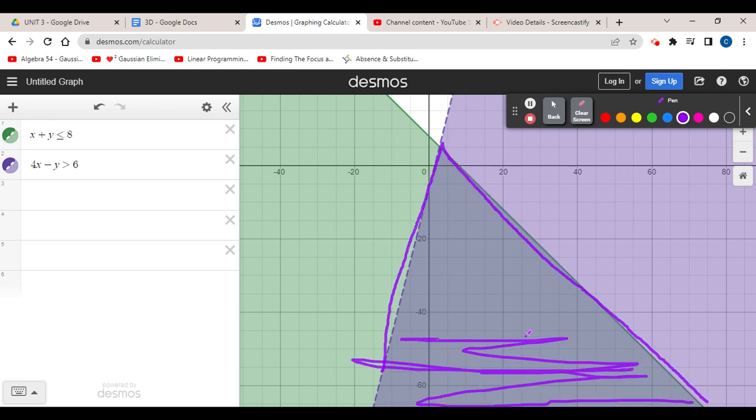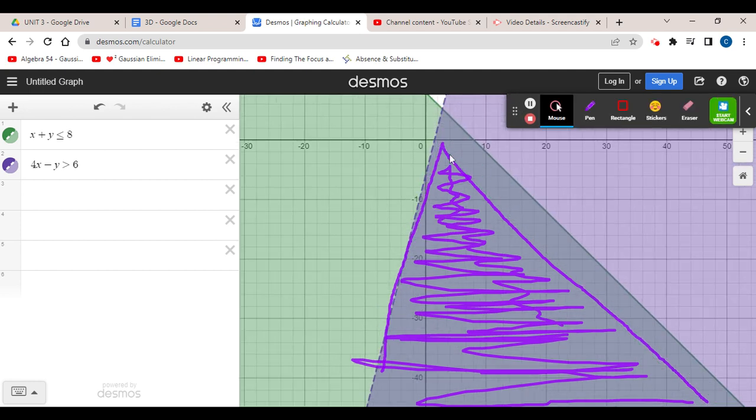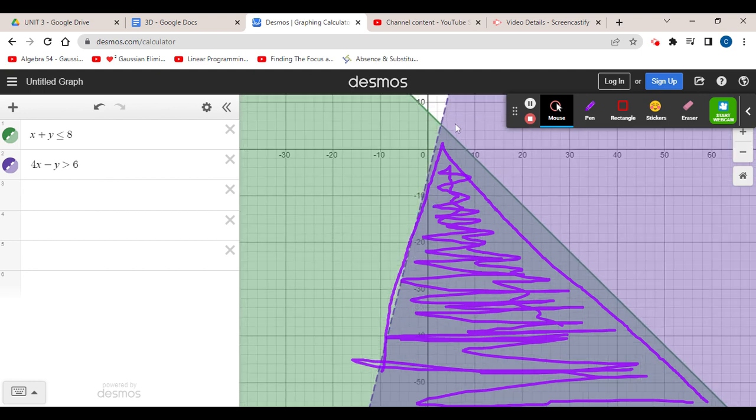Any point in this region is going to fit because it fits the green region and it fits the purple region.